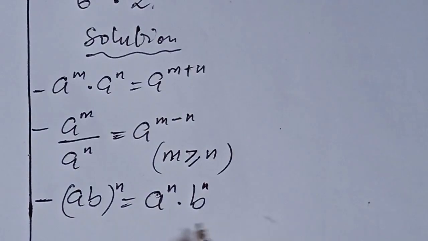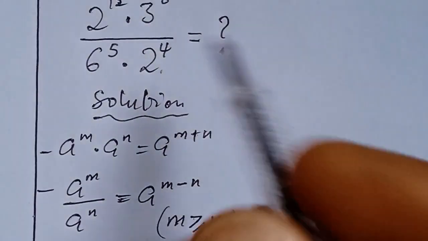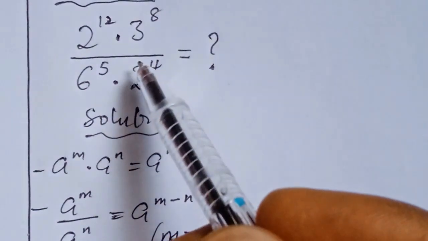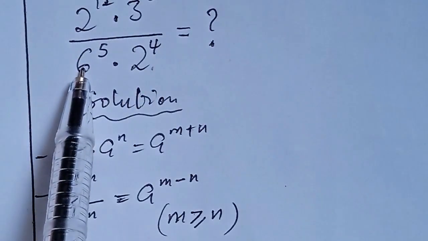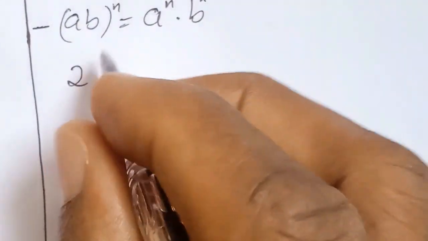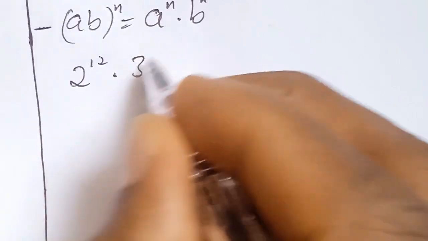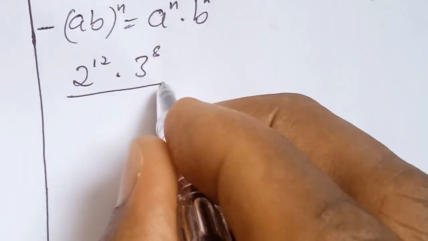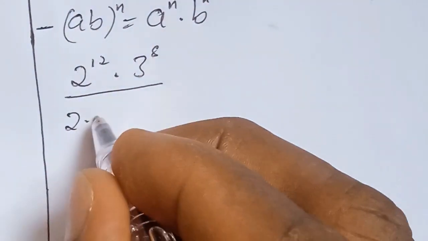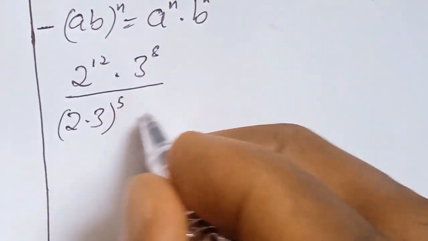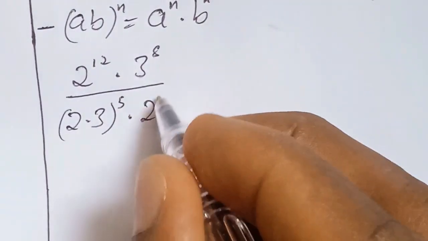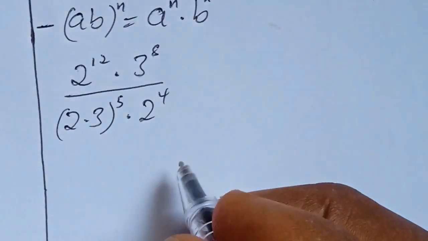So let's consider this rule in simplifying this exponential expression. We are going to split this base into 2 to the power of 12 multiplied by 3 to the power of 8 over 2 multiplied by 3 in bracket to the power of 5 multiplied by 2 to the power of 4.